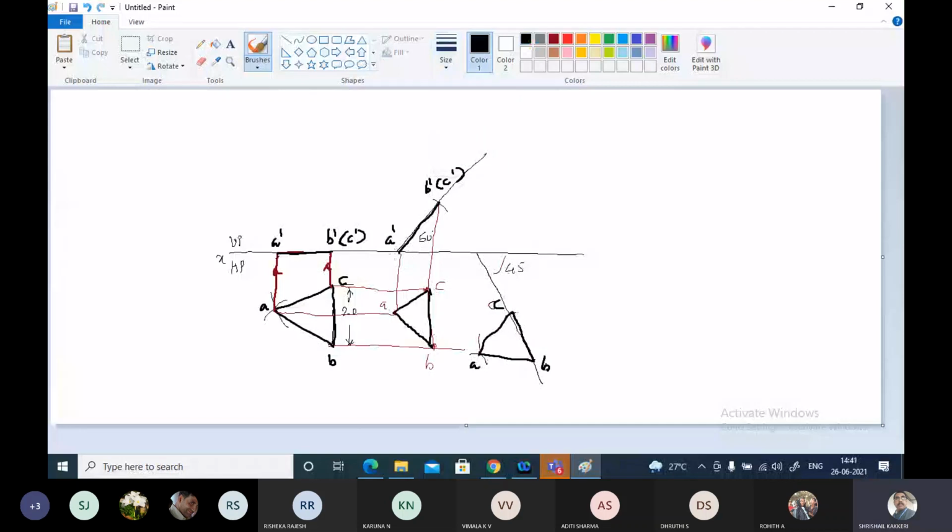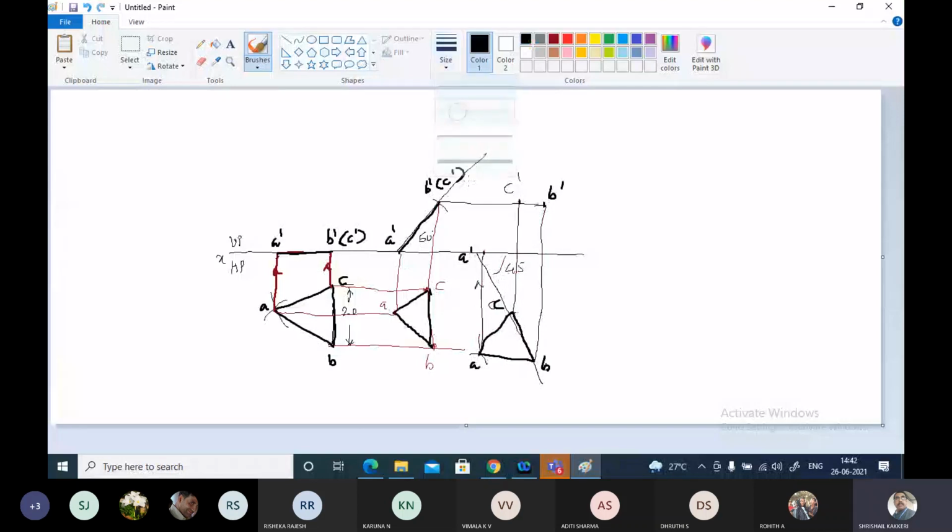Next, draw line from A to A. Already it is there, from A to A. So this is point A. And again B, from B and from B. So this is point B. And C, on the same line C, from C, C dash.